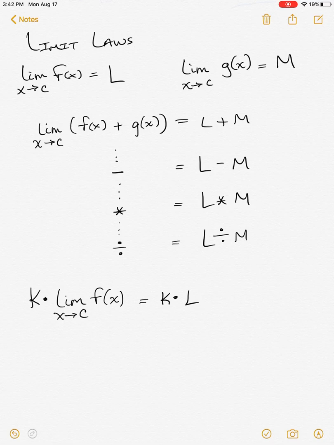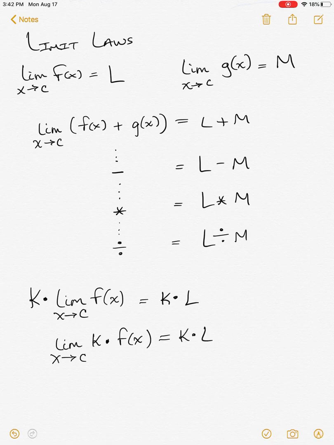And here's another thing: that k can be factored out, or that k can be right on the inside, and you get the exact same result. Boom. I know, too easy.